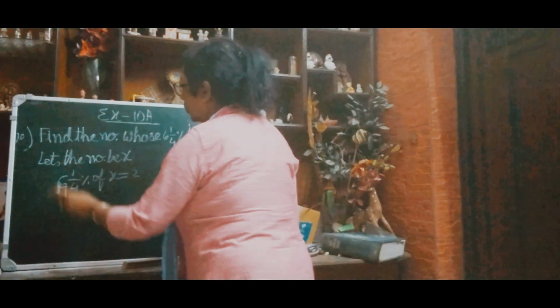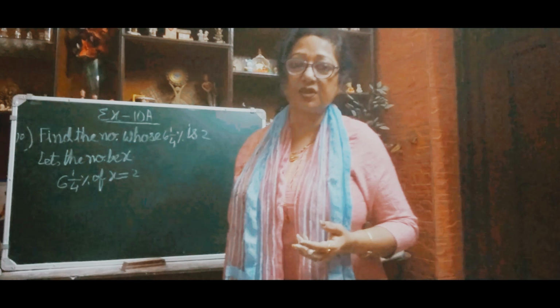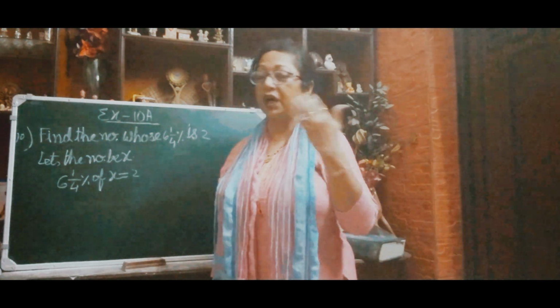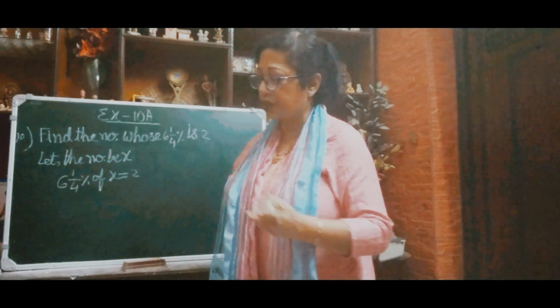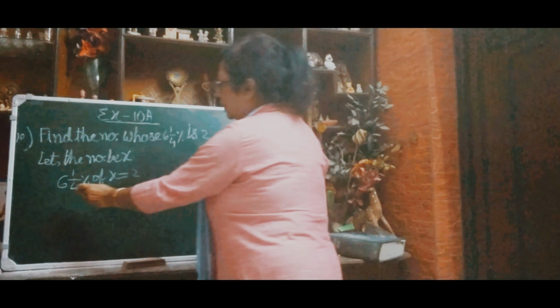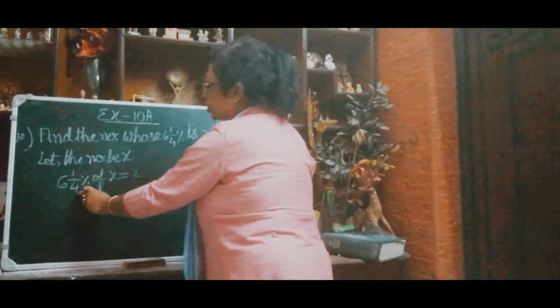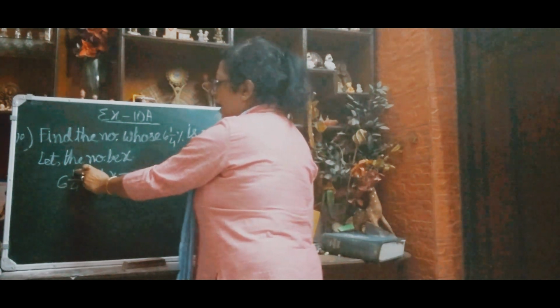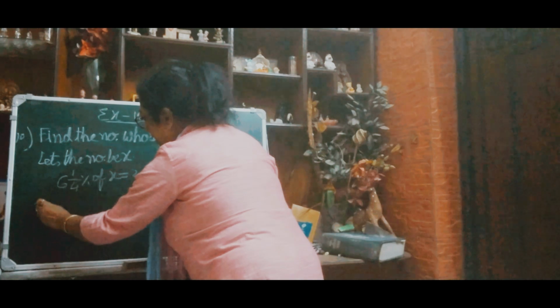6 whole 1 by 4 is a mixed number, so we will convert it into an improper fraction. 6 fours are 24, 24 plus 1 is 25.